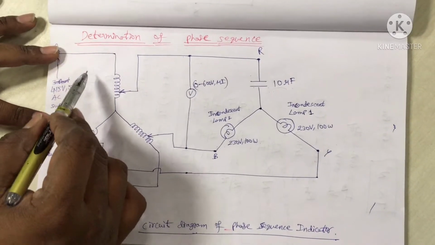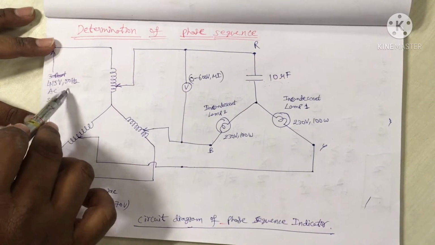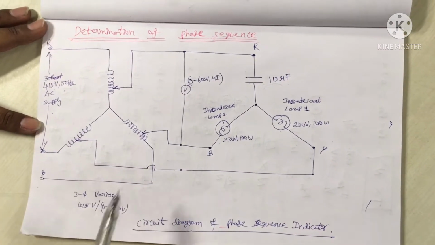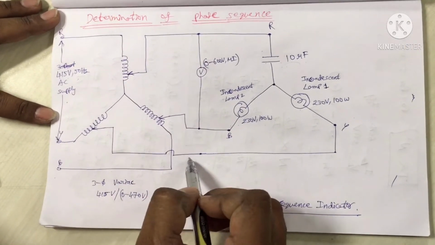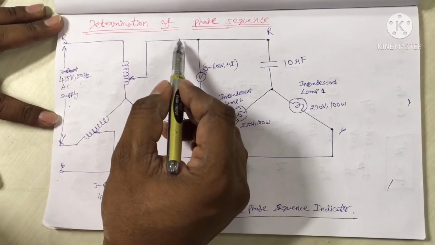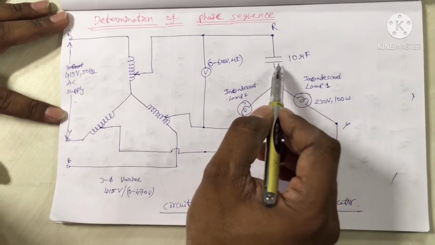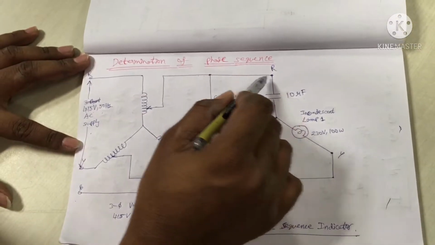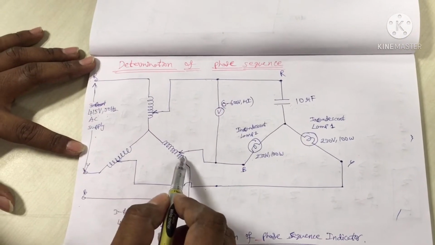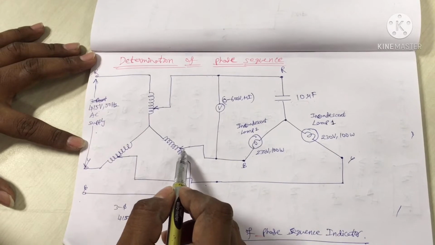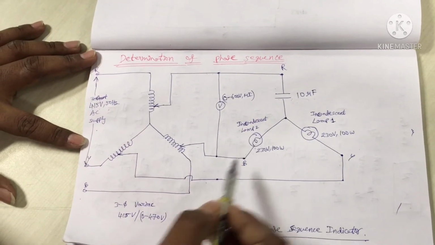Here the 3-phase variac input supply is fixed, that is 415 volts 50 Hz AC supply, and output is varied from 0 to 470 volts. Output 3-phase variac R is connected to the 10 microfarad capacitor phase terminal. Output B terminal is connected to the incandescent lamp 2 phase terminal.